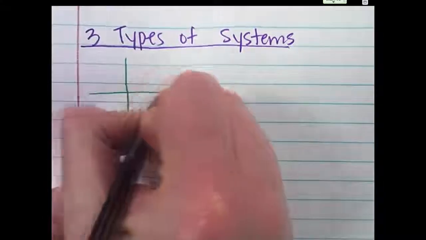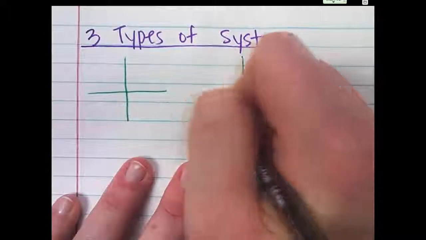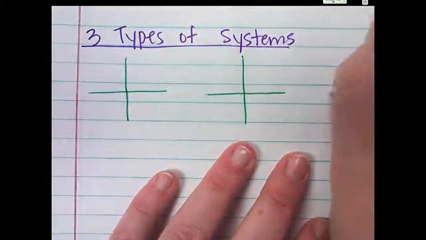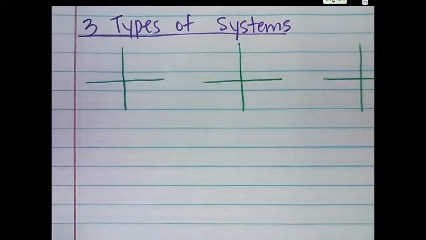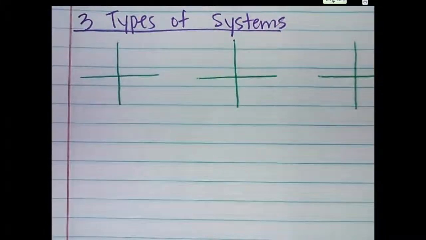I'm going to draw 3 little x, y coordinate planes so we can classify by the pictures and then also give you all the names of them. So make sure you write this down correctly because you don't want to miss this on the quiz because you wrote it down wrong. But then for the test, you will have to memorize the names of them.